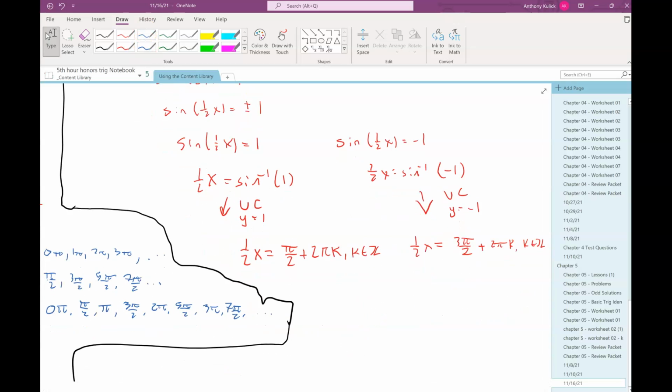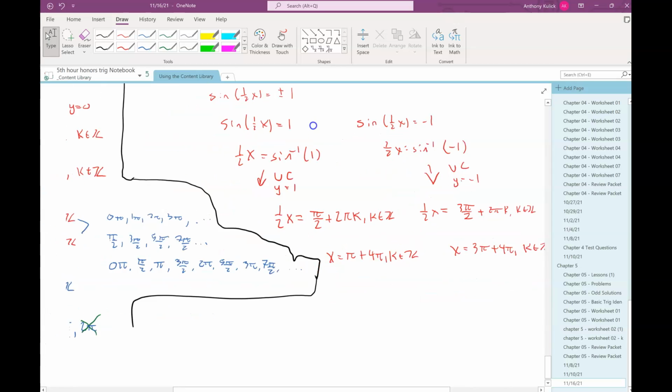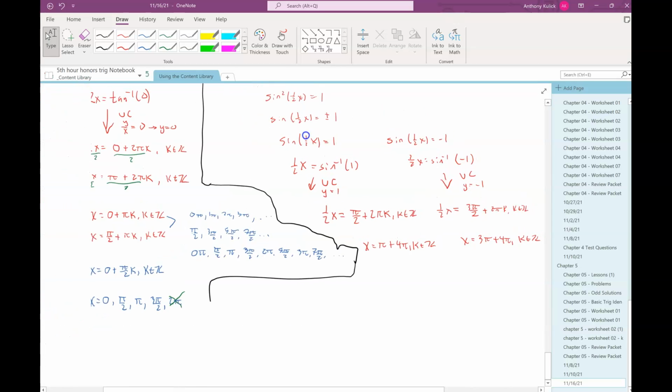I multiply both sides by 2. And then I'm going to make the following observation here.